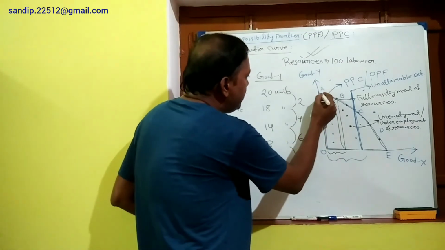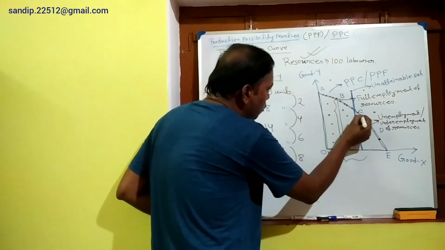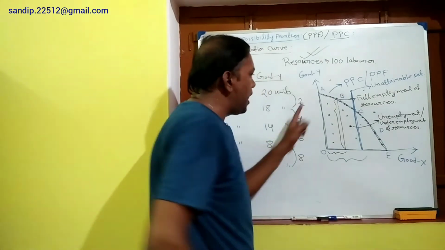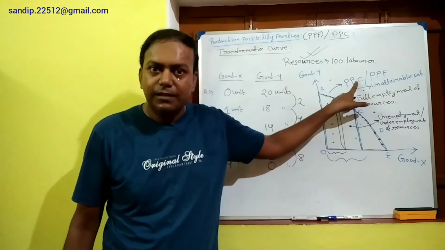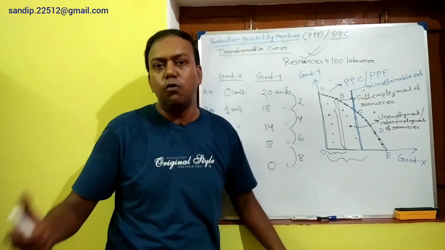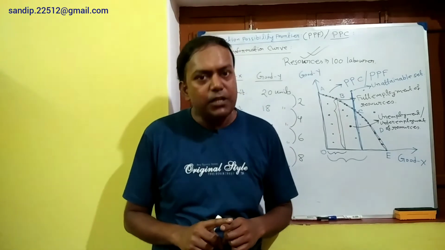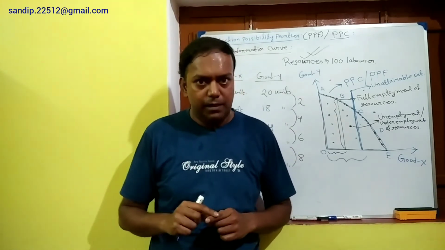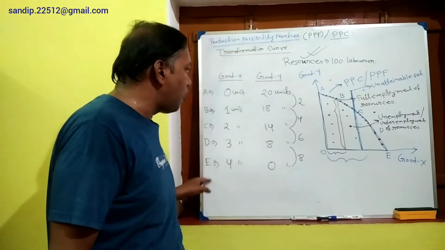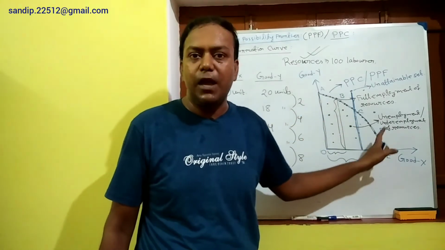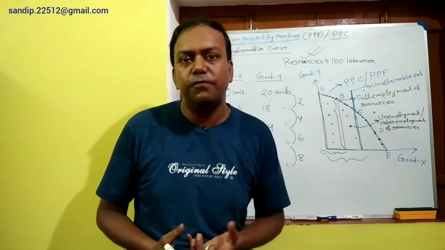PPC is the combination of those commodity bundles, the two goods, that a producer can produce using its resources at the maximum level, without wastage. If a producer uses its resources optimally, then whatever combinations of goods it may obtain, if we join those combinations, the resulting curve is the locus.